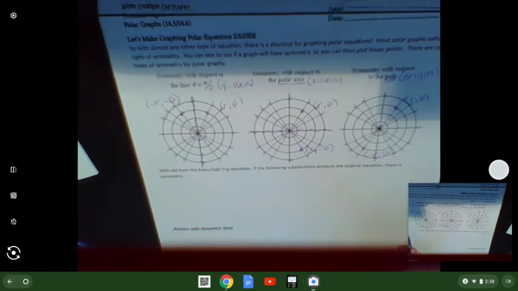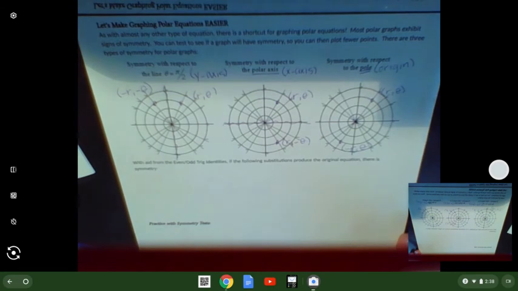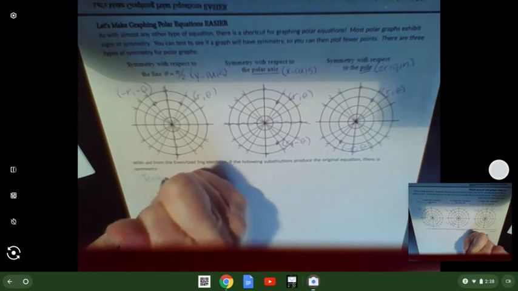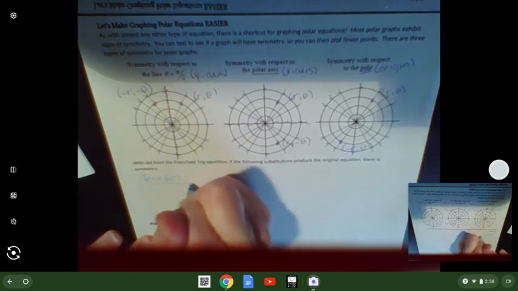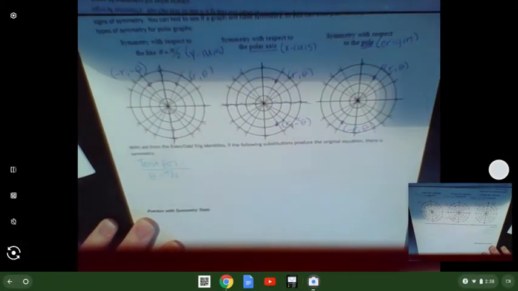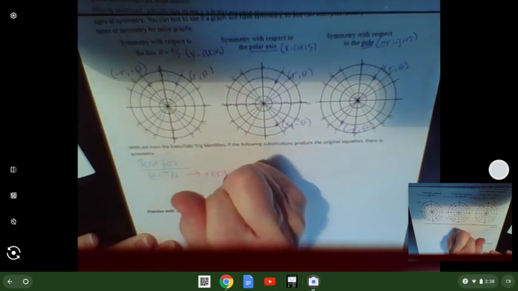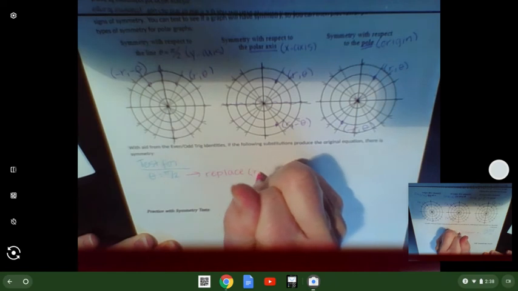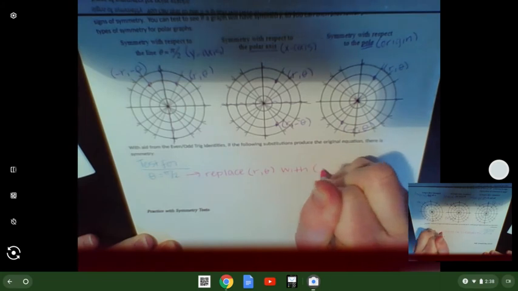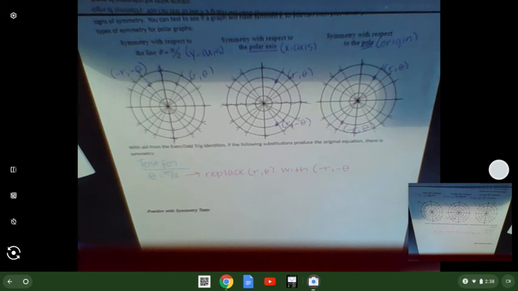So how do we test for symmetry before we graph? Well, there's 3 types of symmetry that could be exhibited. So there are 3 symmetry tests. If we want to test for symmetry with respect to the line theta equals pi over 2, then in our original equation, we are going to replace all of our r's and thetas with negative r, negative theta.